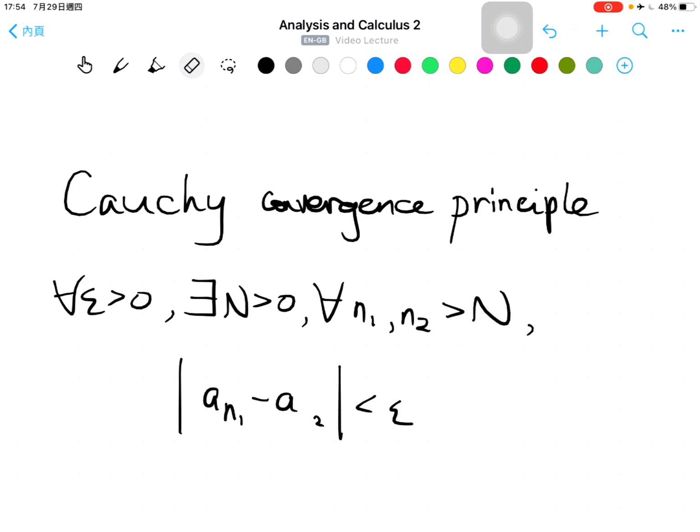That means the distance between any two terms from the rest is going to be smaller than the deviation that you give me.